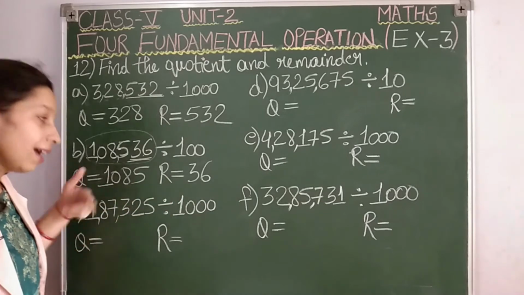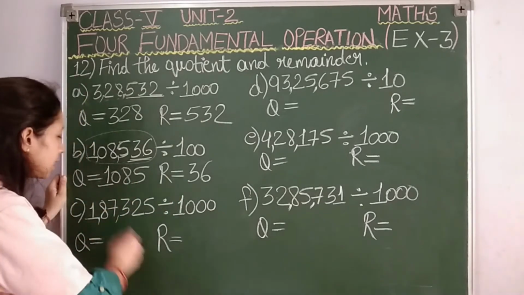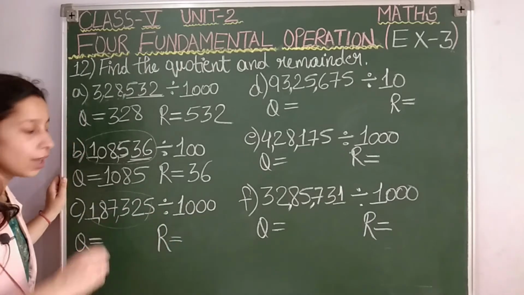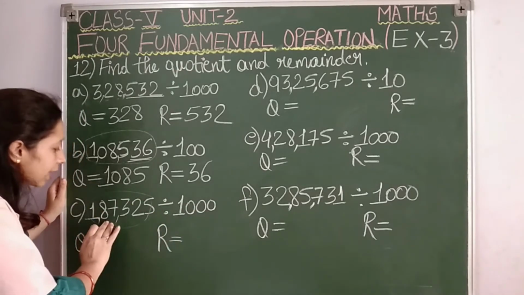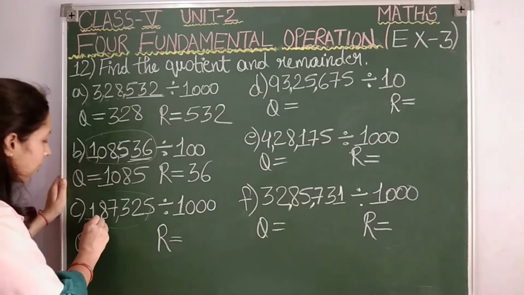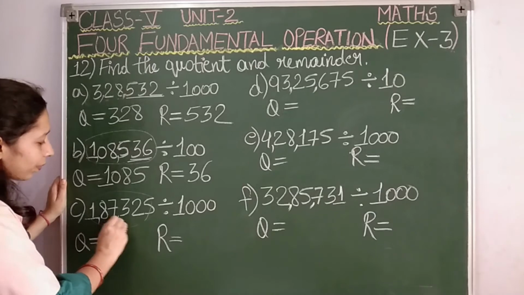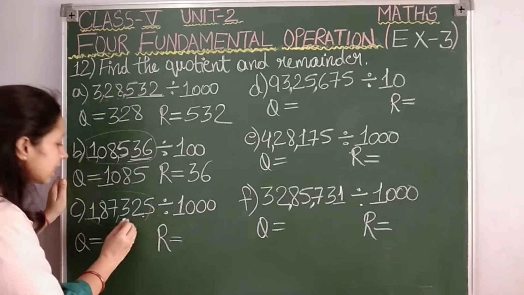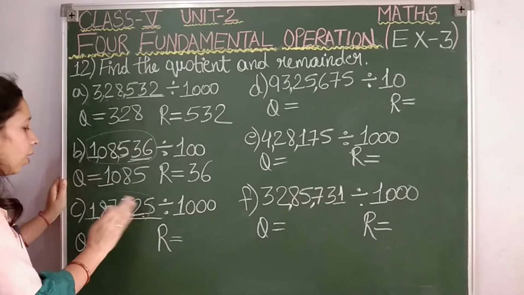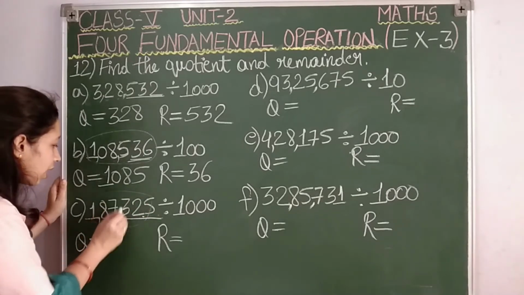I hope it is clear. Again I am using that method only students. Now again we have to see this number and we have to divide it with 1000. So let us see how many thousands we can take out from the given number. First read the number, 1,87,325. See students, what I am reading it as? I am reading it as 325. Okay, and what I am reading these 3 numbers as?